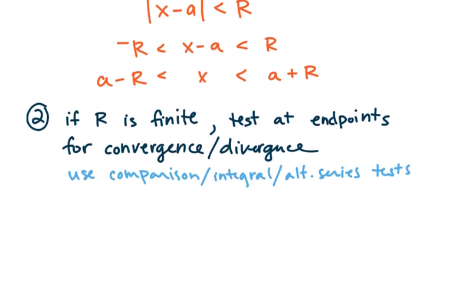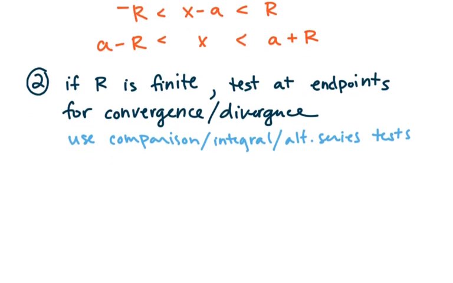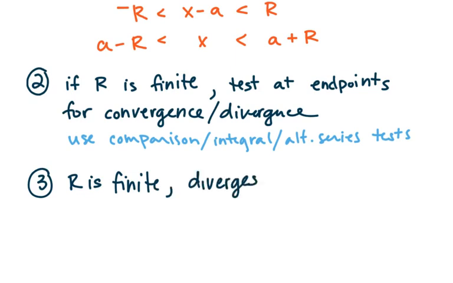And if we determine divergence, so if R is finite and we know that it diverges, then we are going to use that x minus a, and that's going to need to be greater than R. Okay?